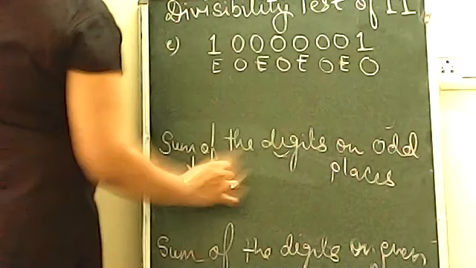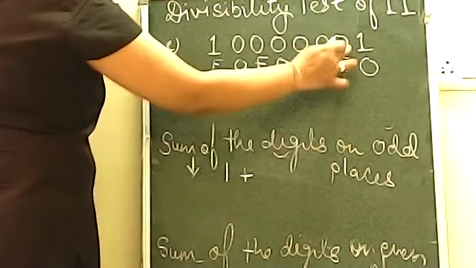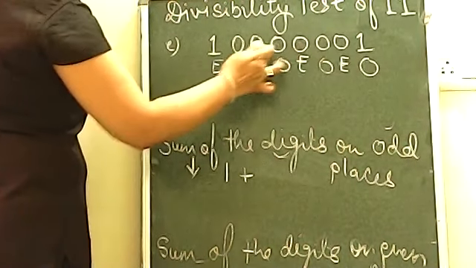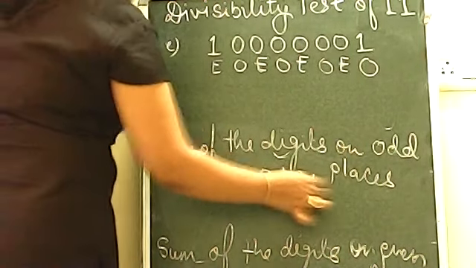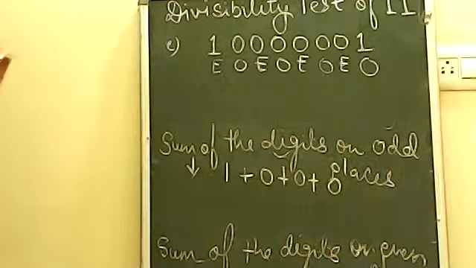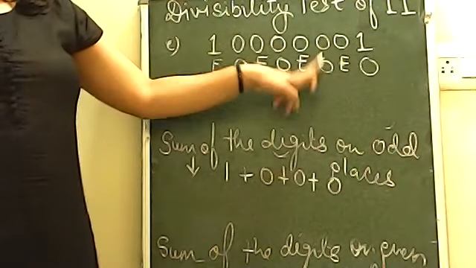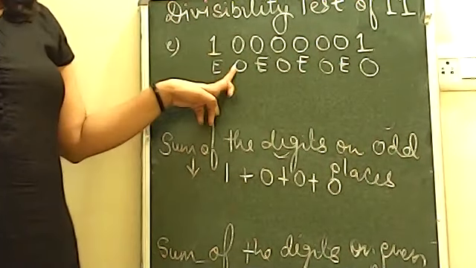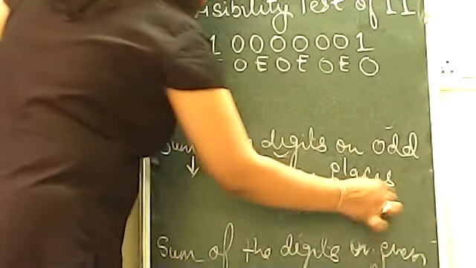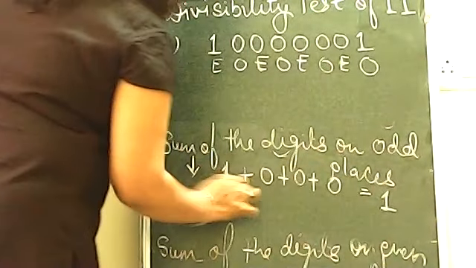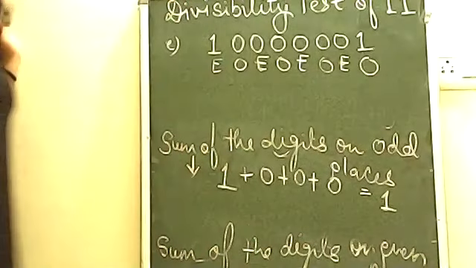On odd places you get 1, then 0, then 0, then 0. So 1 plus 0 plus 0 plus 0 will give you only 1.